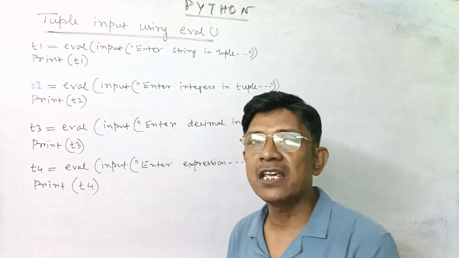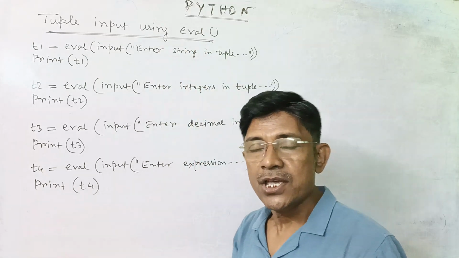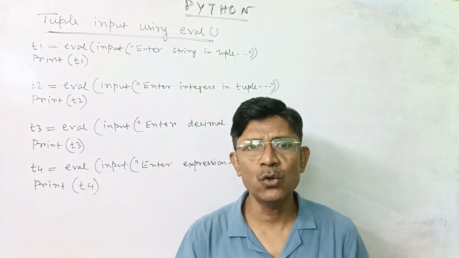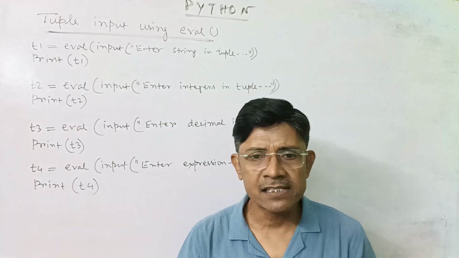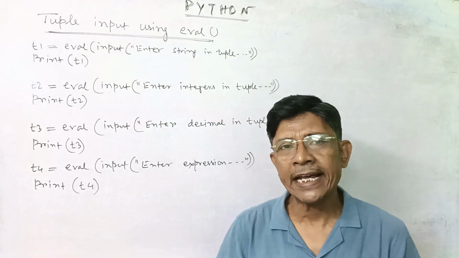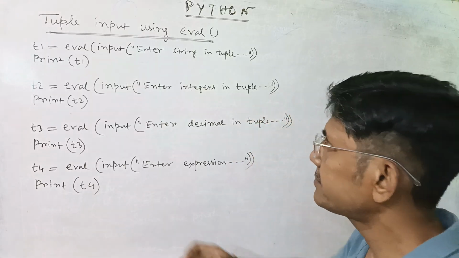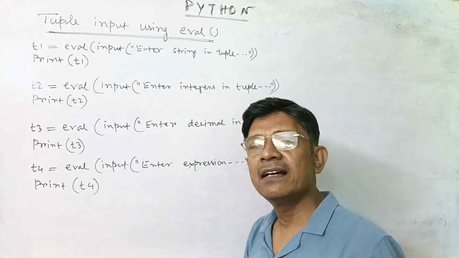But now we are feeding using the eval function. Eval is a very interesting function, it's called a magic function. You can give an integer, you can give a string, whatever you like, using eval.